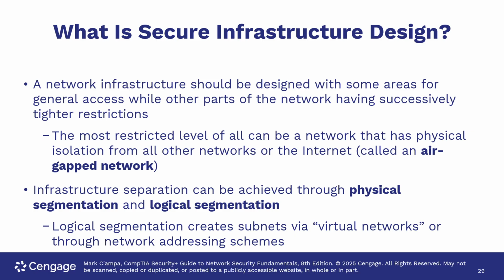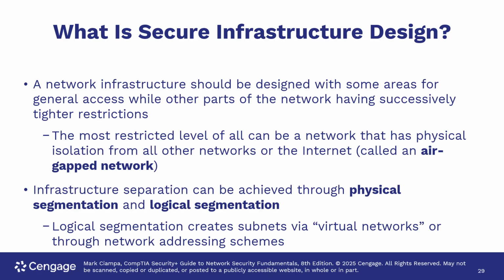Okay, now let's talk about a secure infrastructure design. A network infrastructure, remember that's the inside part of the network, should be designed with some areas for general access, while other parts of the network have successively tighter restrictions. So if you go to www.google.com, you're facing the public outward part of the Google database or servers.